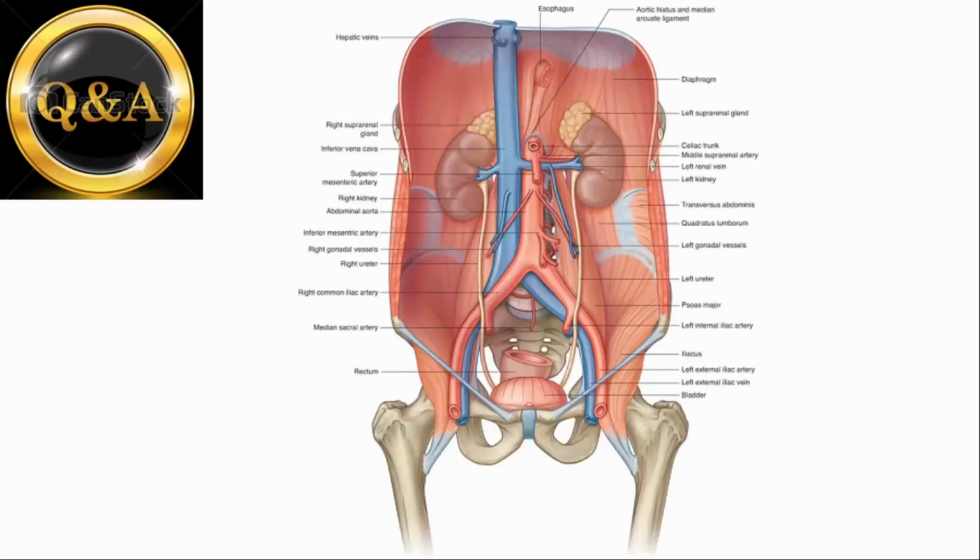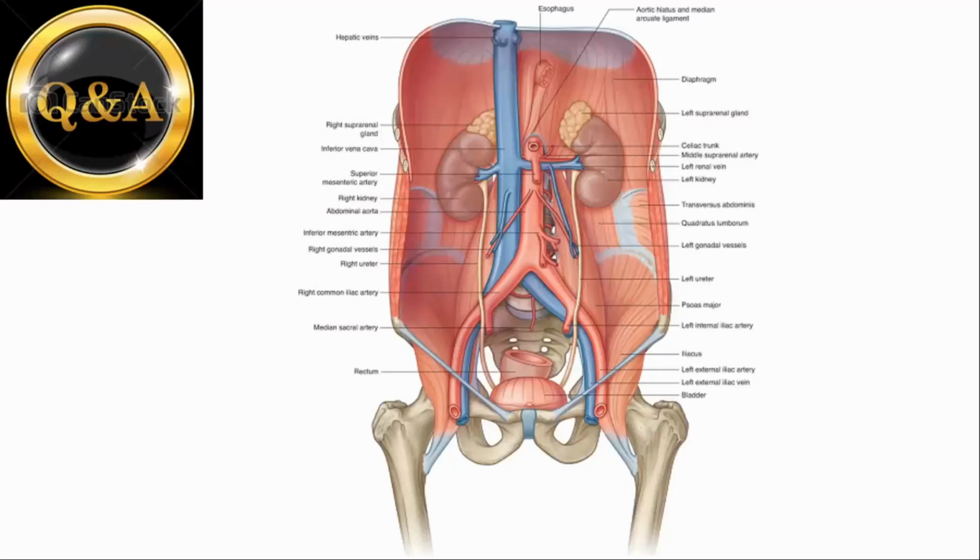So each medullary pyramid has a minor calyx. How do we know that this is a minor calyx? Because it is attached to the tip of the pyramid of the medulla.